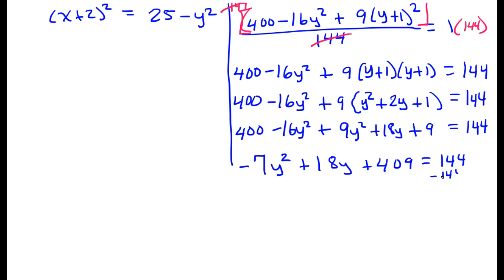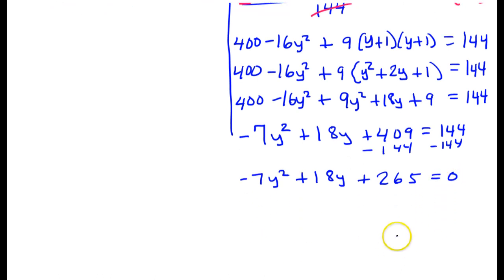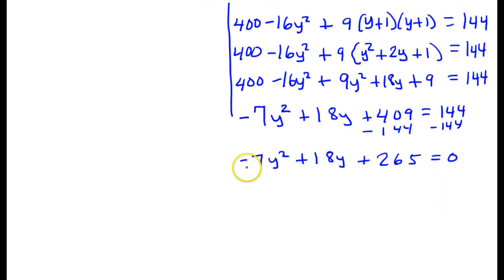Let's subtract 144 from both sides. So you're going to end up with this. I do not like the fact that this is a negative leading coefficient, so I'm just going to divide everything by negative 1.